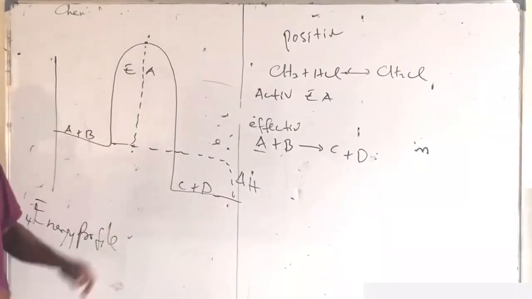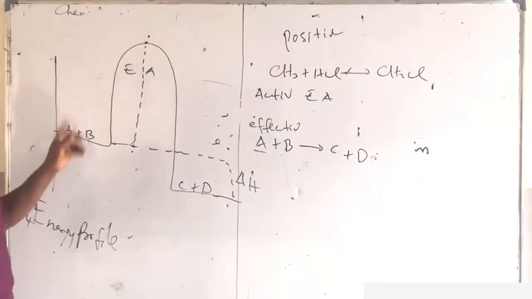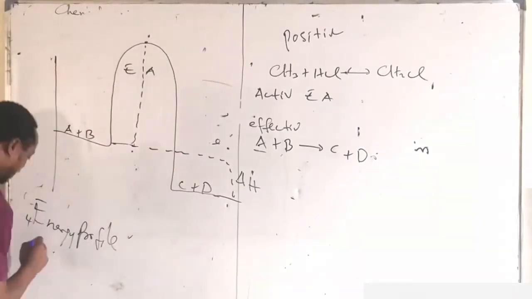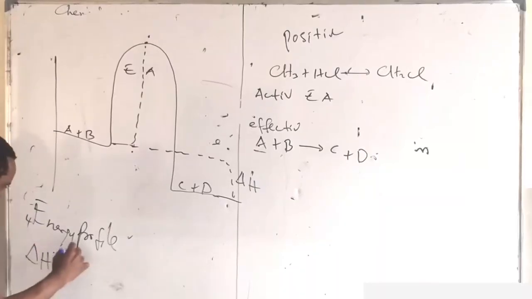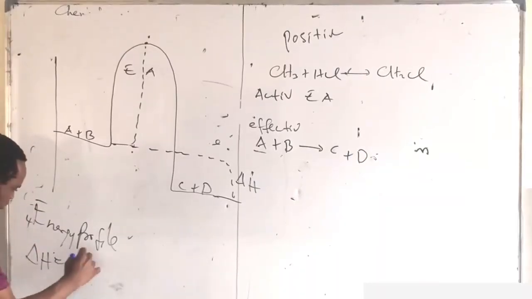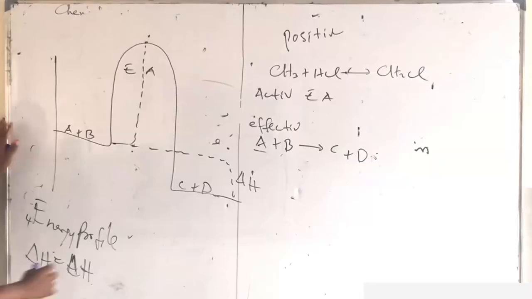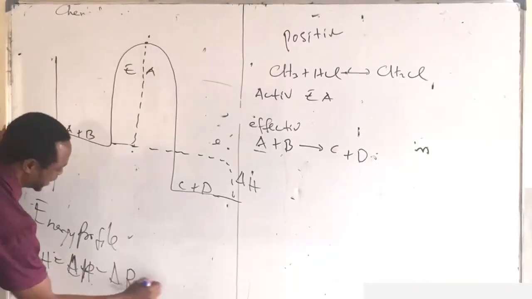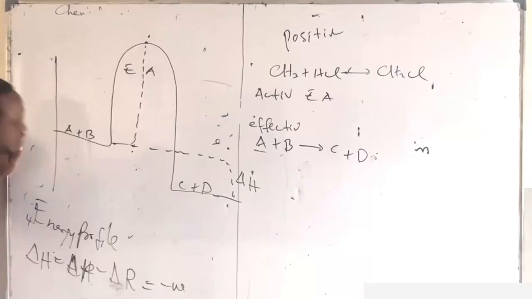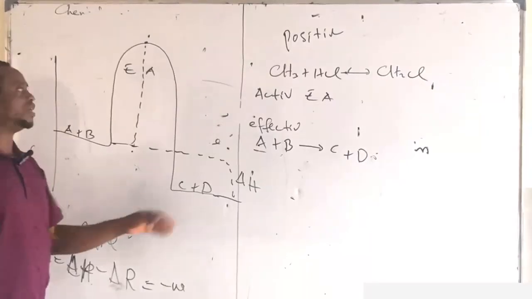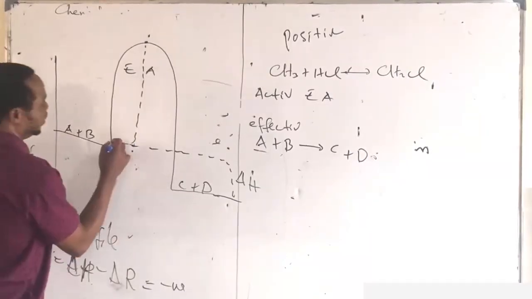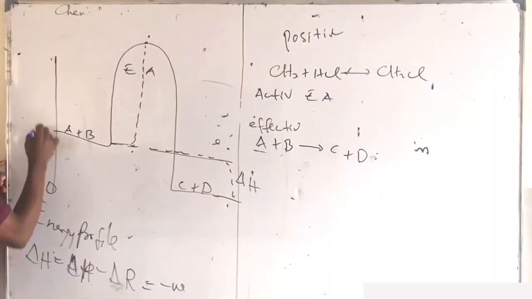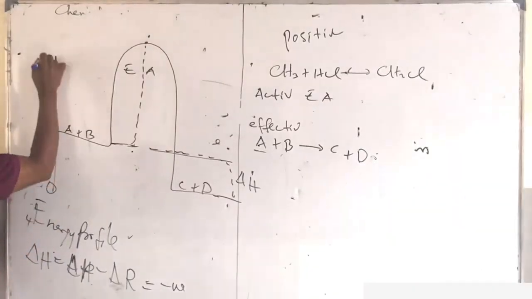You will know it when the answer you get from minusing from here, the product side, delta H, is heat of products minus heat of reactant. If the answer gives you negative value, it means it's what? Exothermic. Now, let me give it. I have 0 here. Let me say I have 2 here. I have 4 here. I have 6, and I have 8.